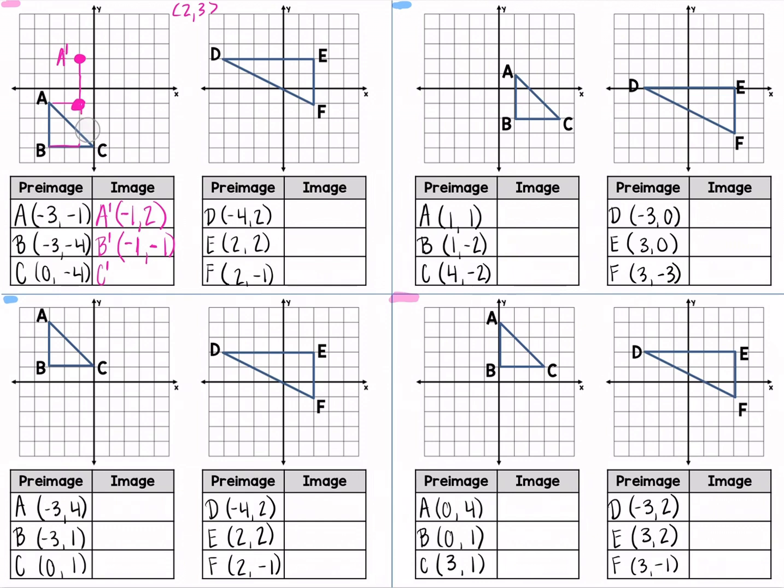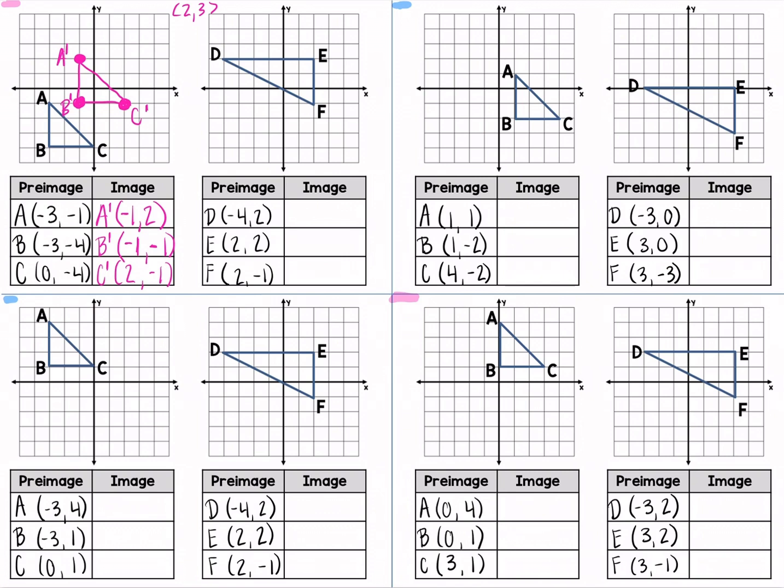As long as we're counting correctly, we should end up with the correct points. Then C is at 0, negative 4, so C prime is going to be at 2, negative 1. And if you count 1, 2, 1, 2, 3, yep, that's where it is. So then you graph the line.